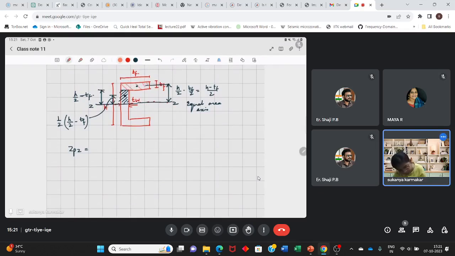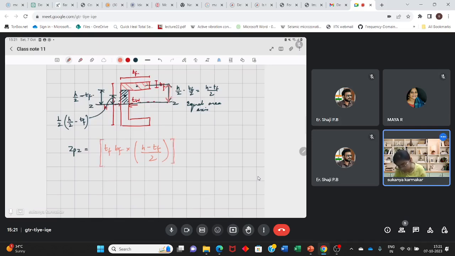The area will be TF into BF, into its centroidal height, which is H minus TF by 2, the distance of the centroid from the equal area axis. That is this distance.